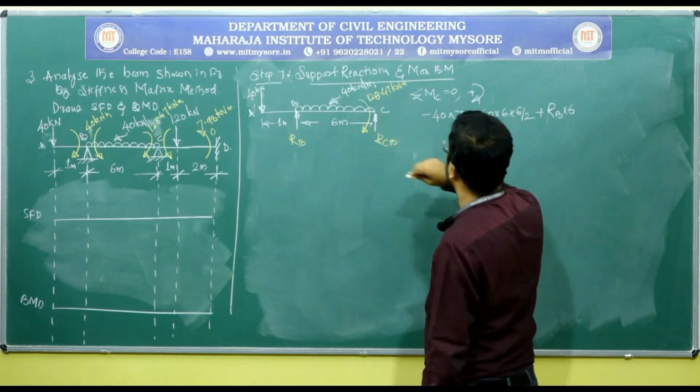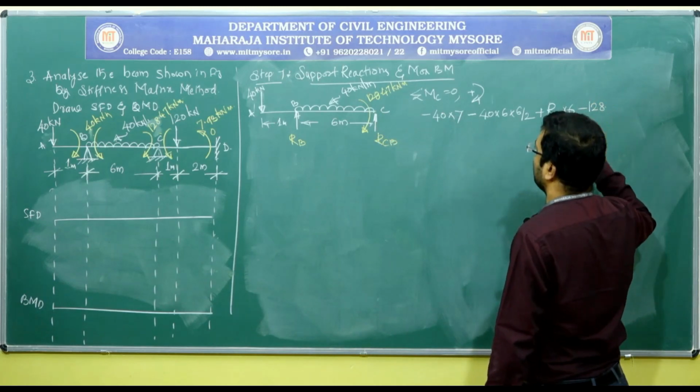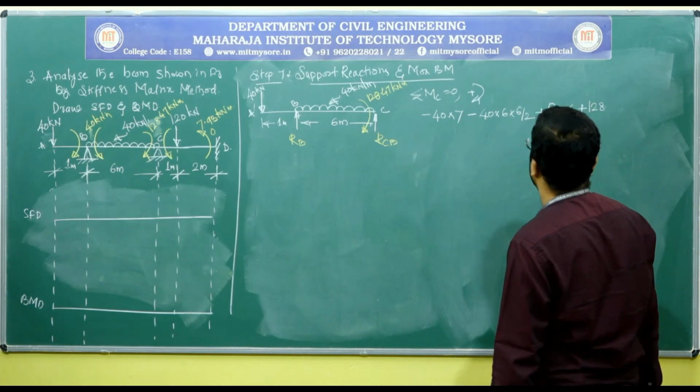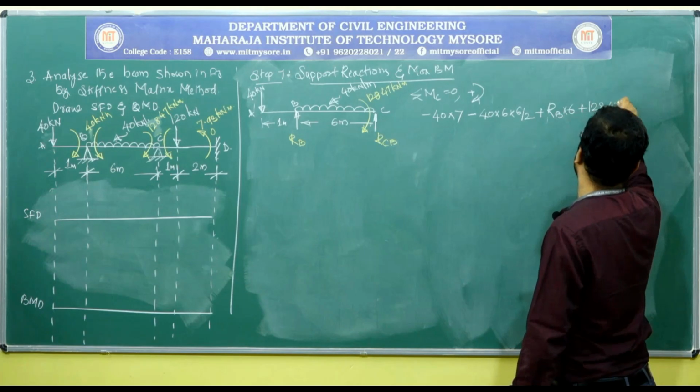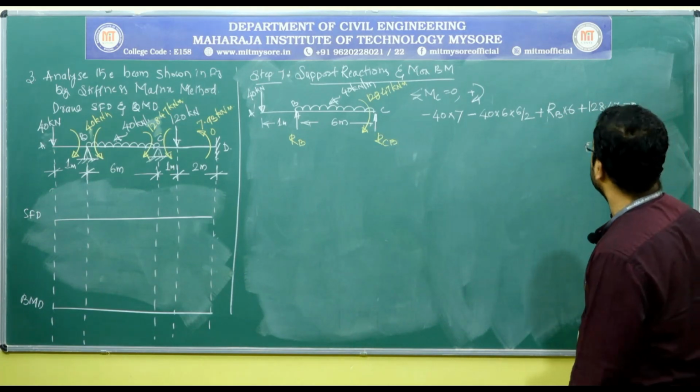Then apart from that, we have an anti-clockwise moment of minus 120, a clockwise moment of minus 128.47, which equals 0.